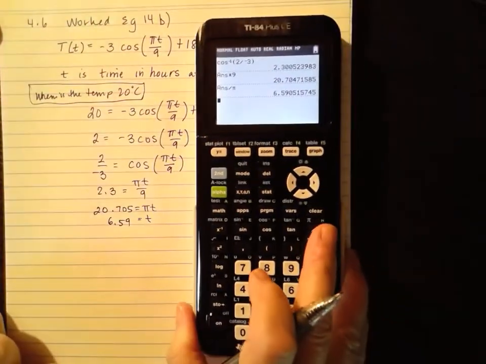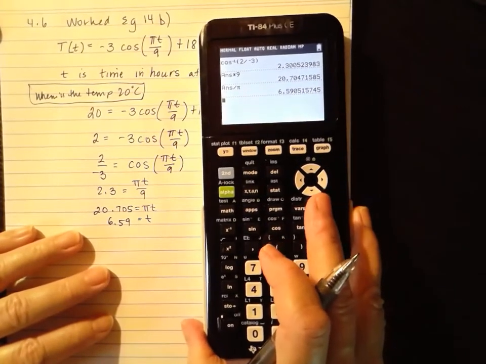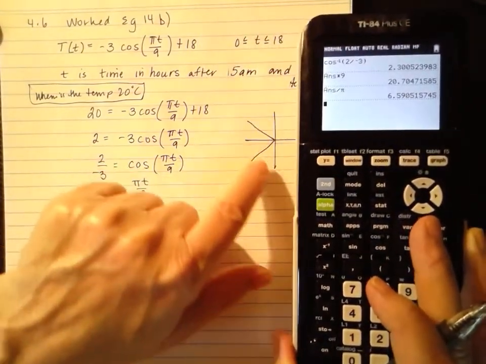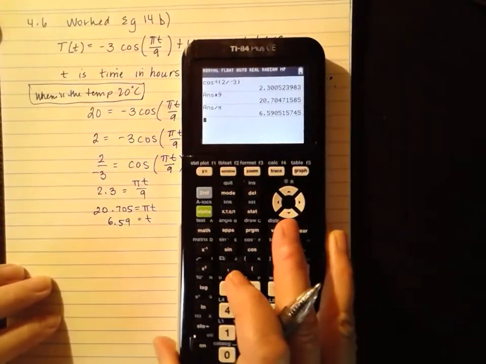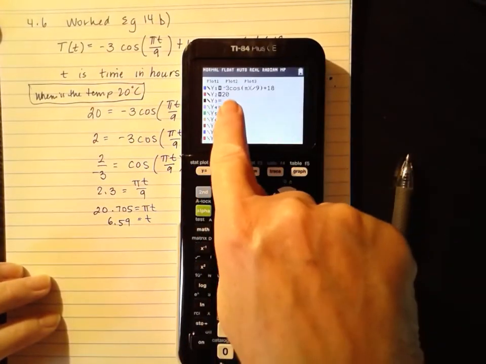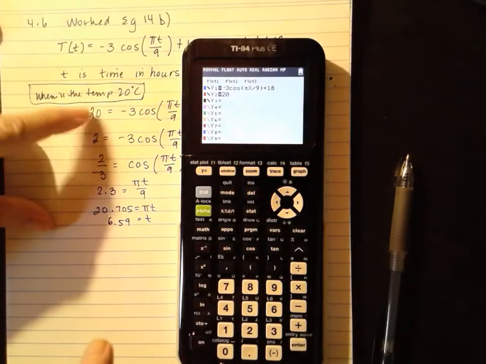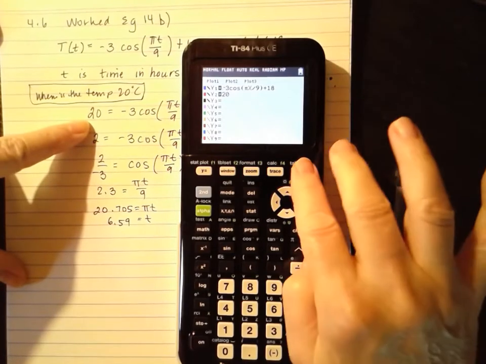Okay. A much easier way to figure that out and not have to go through the pain of figuring out this kind of situation over here is to graph this thing. So I typed in the equation and the 20, because that's what's on this side, and I want to see where those intersect.